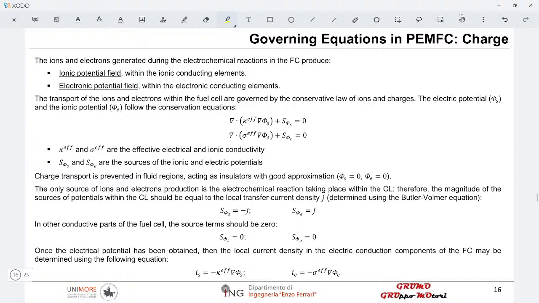Now, let me conclude with the last equation, the transport of charge. Again, we have always to consider two typical currents. One is ionic current, which is related to the ionic potential field, which means through the membrane, and the electronic current that will flow based on the gradient of an electronic potential field. Okay. So we have two charged species, two currents.